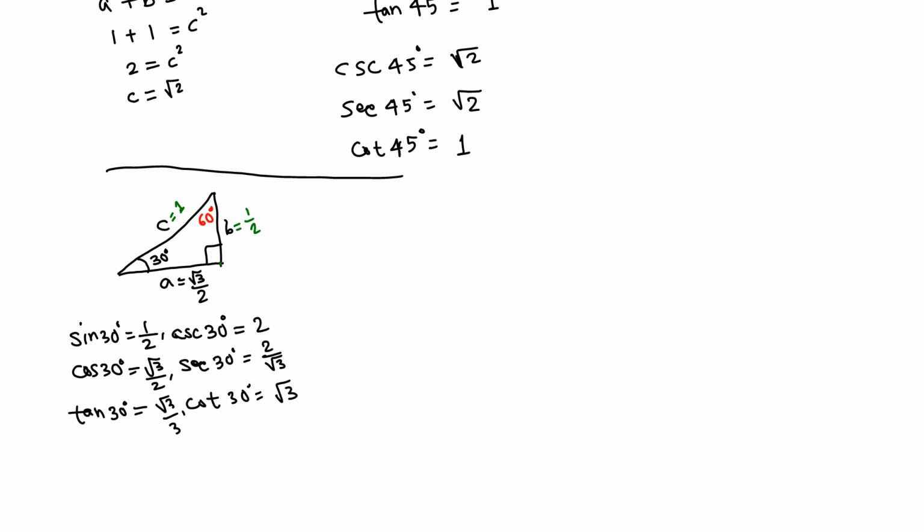Let me use the same red color for 60. If we are considering 60 as the reference angle, then this 1/2 is adjacent to 60. This is opposite to 30, but we are about to consider sine 60, cosine 60, tangent 60, and their reciprocals, cosecant 60, secant 60, cotangent 60 values.